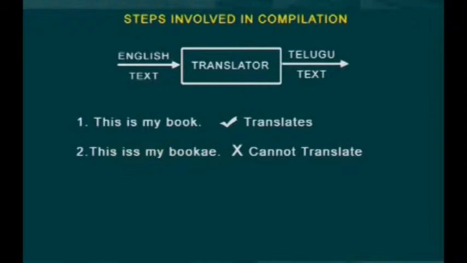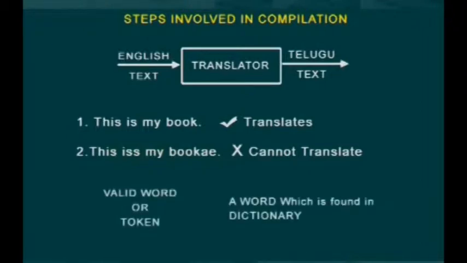Then I asked the translator, first of all, define for me what a valid word is. The translator defined a valid word as a word which is found in the dictionary. He said meaning is not relevant here, but the word should be found in the dictionary. Since these two words are not found in the dictionary, he said they are invalid words.